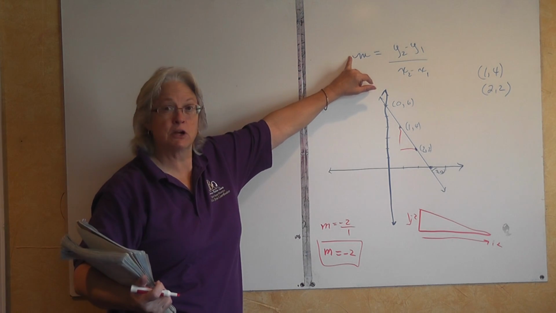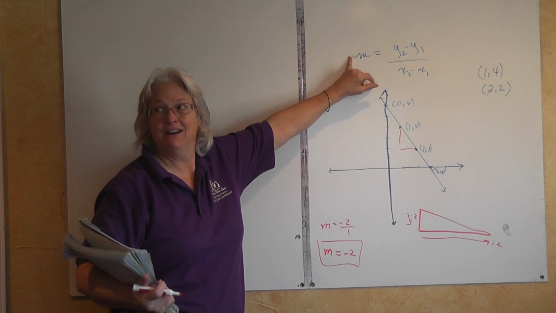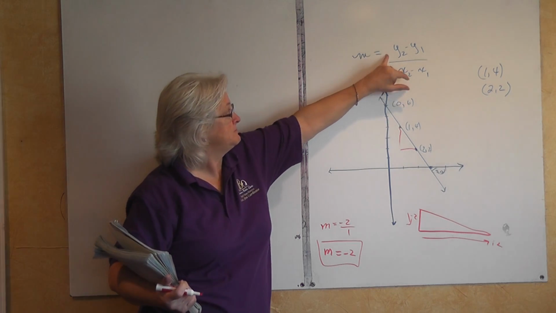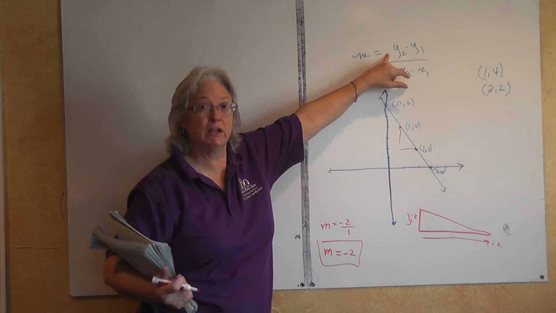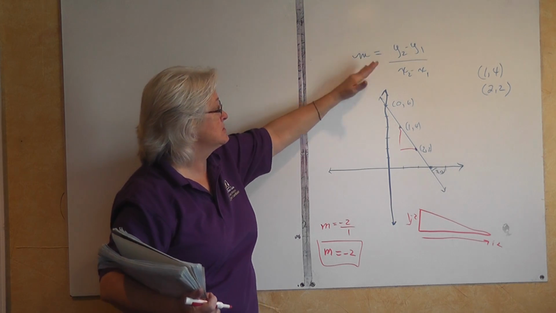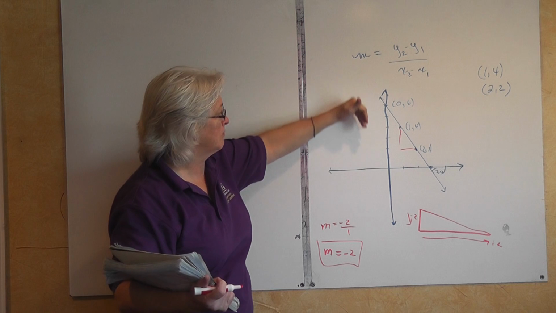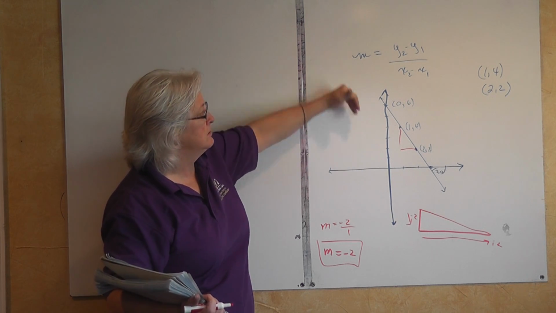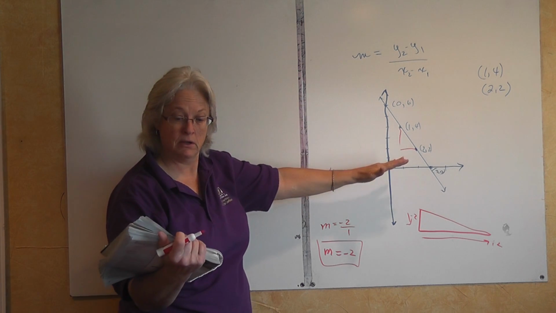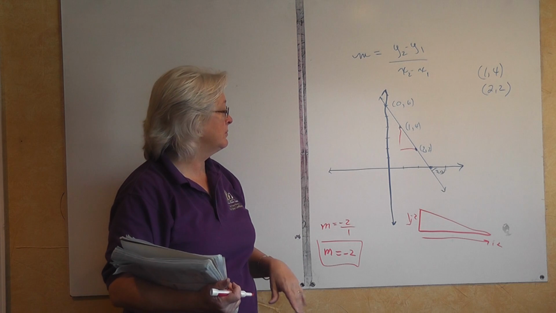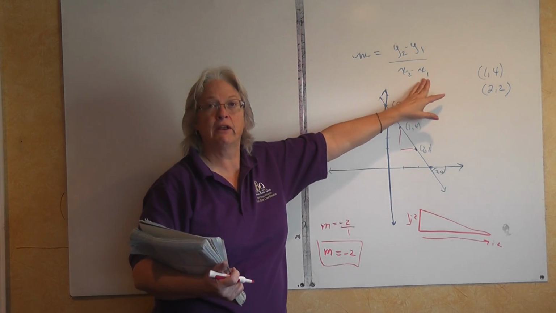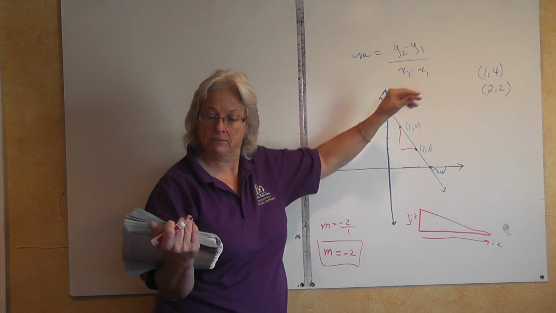We said that the slope of the line was the vertical change divided by the horizontal change. It can be called the rise divided by the run. And we can use our little formula, which I'm going to show you in just a minute.